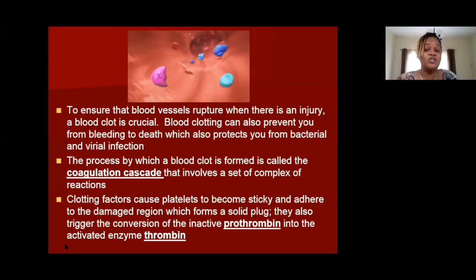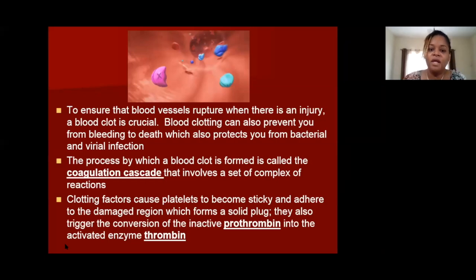So any type of injury where a blood vessel is ruptured can actually result in their death. So the process by which a blood clot is formed is called the coagulation cascade. And like I said, it's like a domino effect. When it's initiated, several things happen.